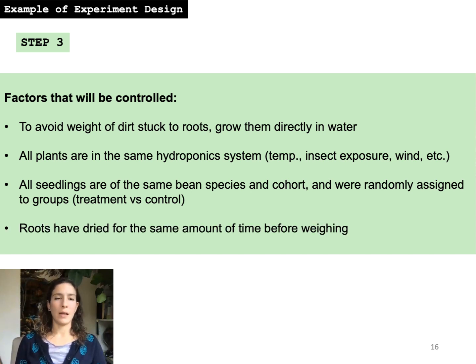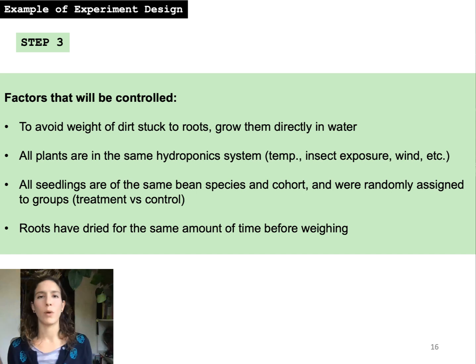Roots must have dried for the same amount of time. Every single root would need to be completely dry. Maybe you've let it dry for 24 hours or something. Again, you've got to do your background research and get creative here.